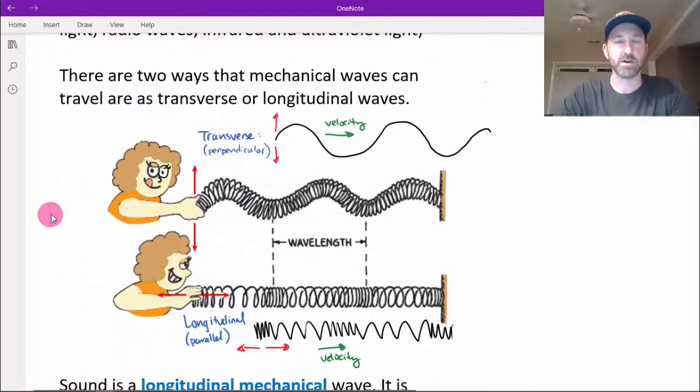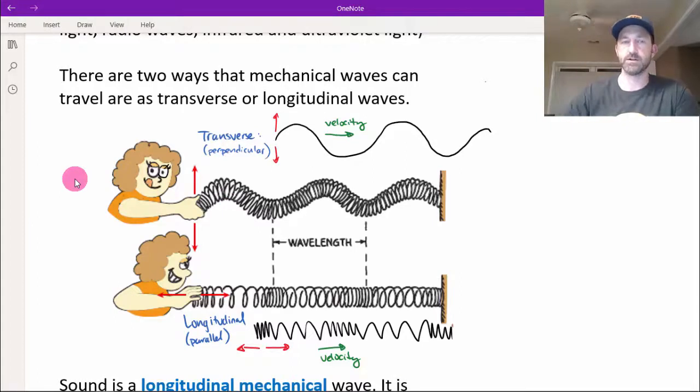Now, for mechanical waves, there are two different ways that they can move or propagate through space and time. The first is called a transverse wave, and transverse waves, as we can see in this diagram here, are essentially if I'm holding a slinky, which I wish I could.